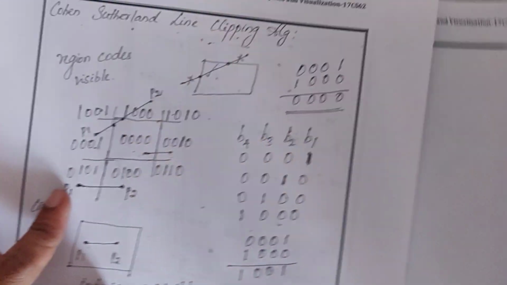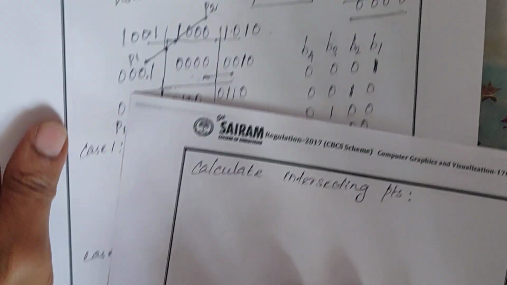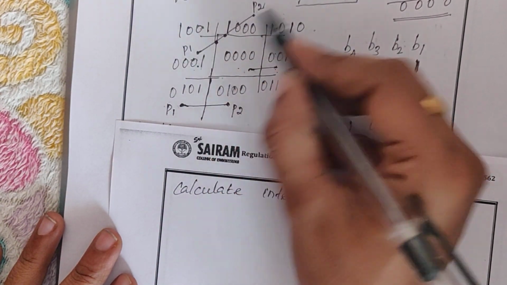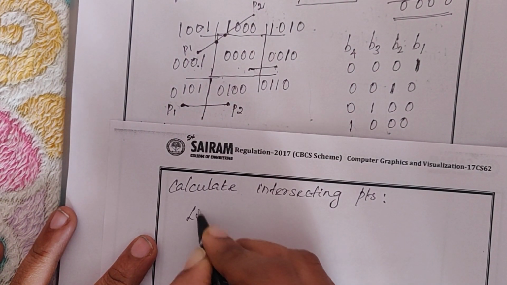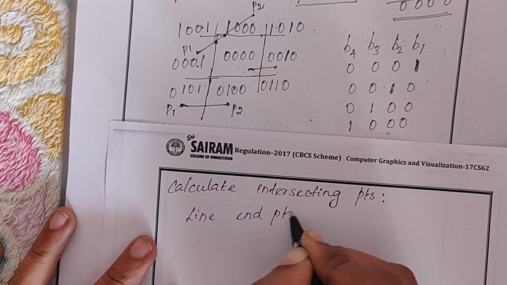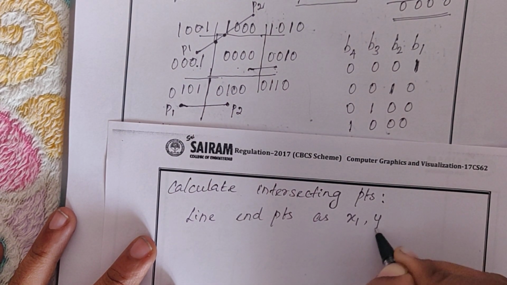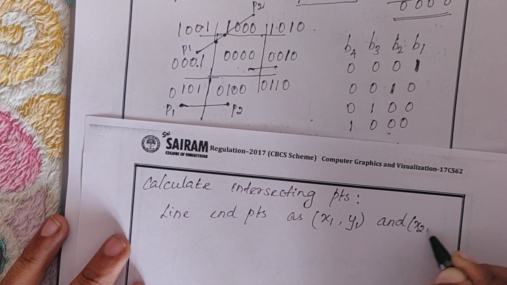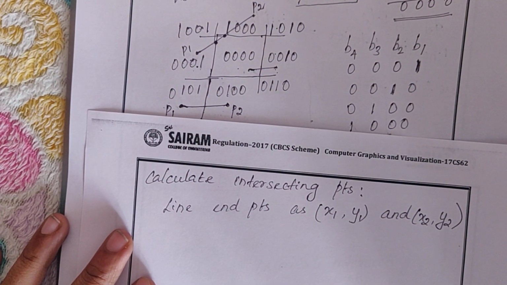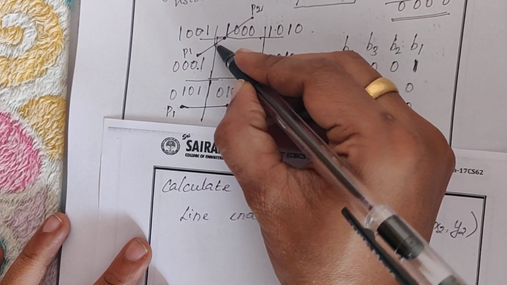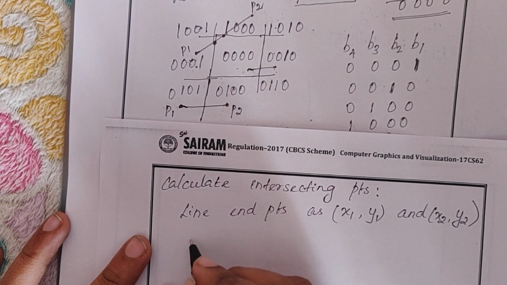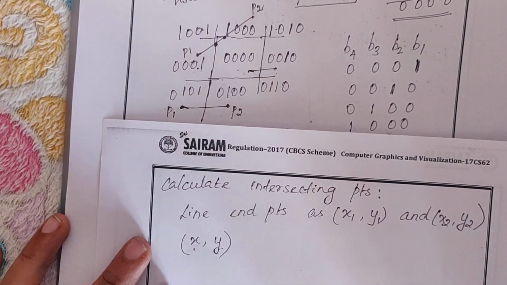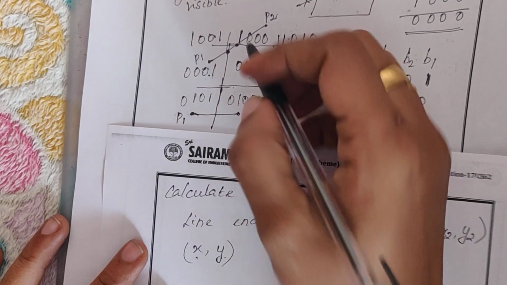Now coming to the calculation part, I'll take the line endpoints as x1, y1 and x2, y2, and this intersecting point I'll take as x comma y. That is, I am supposed to calculate this x comma y. I'll take this case.